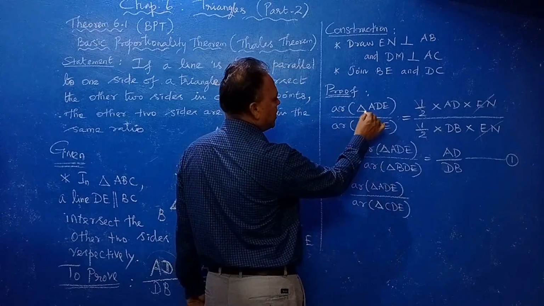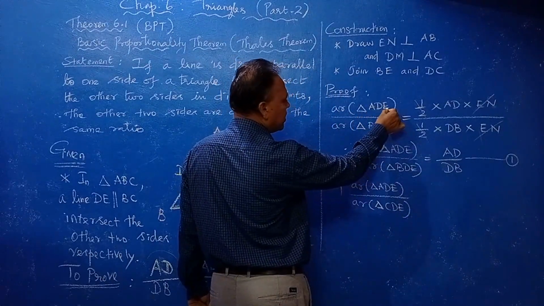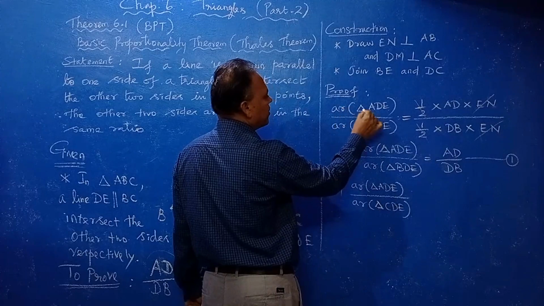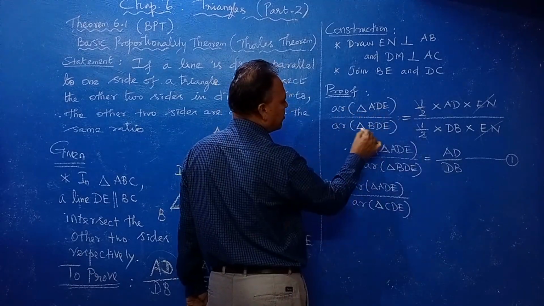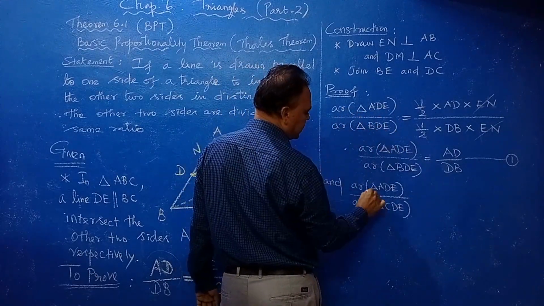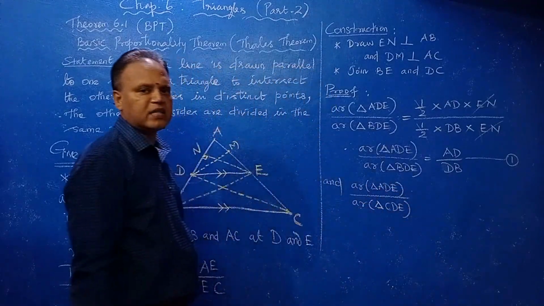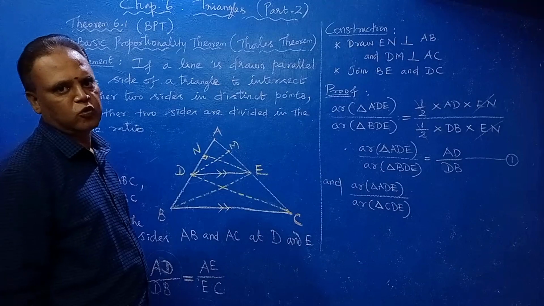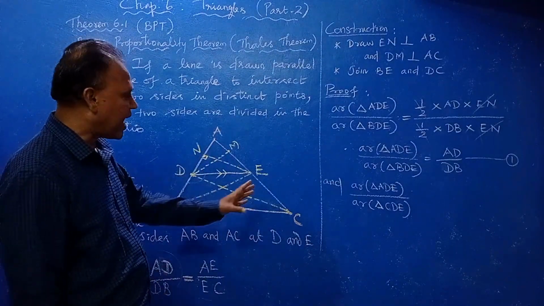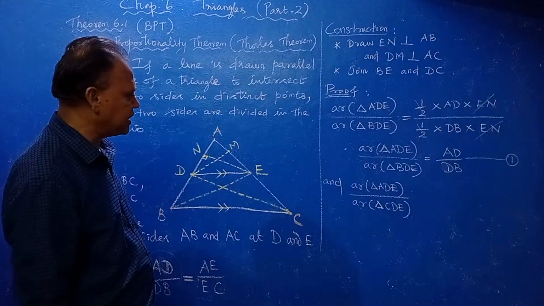Here you see area of triangle ADE by area of triangle BDE. So here same, area of triangle ADE by area of triangle CDE. Understand? So easy to remember also. So the idea is very important. Clear? Idea is very important.